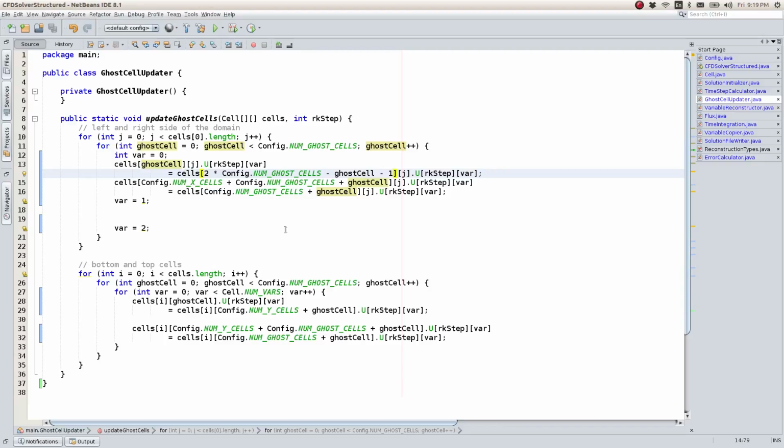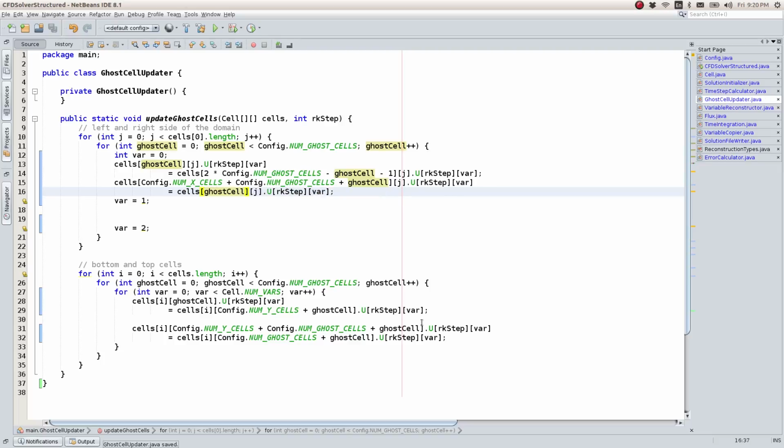Okay, and for the right hand side, number of X cells plus the number of ghost cells. So that is this one plus ghost cell. That's going to be equal to something times this.